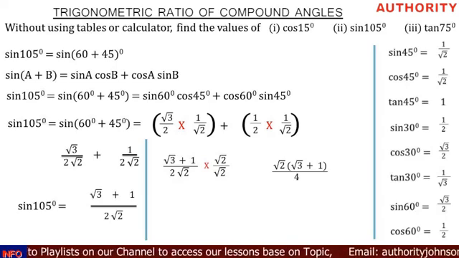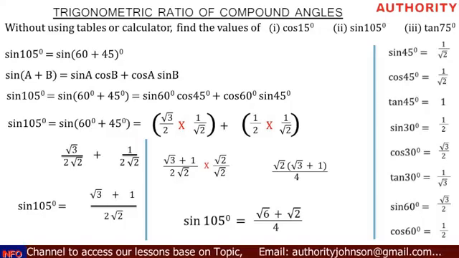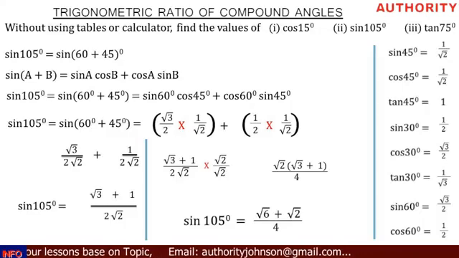When you say root 2 times root 3, it's going to give us root 6. And then root 2 times 1 is going to give us root 2, all over 4. So therefore, sine 105 degrees is equal to root 6 plus root 2 all over 4.